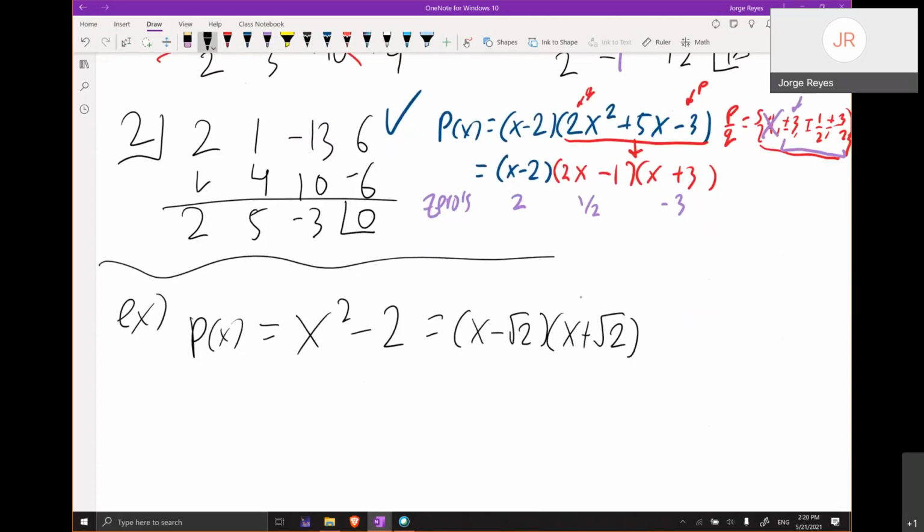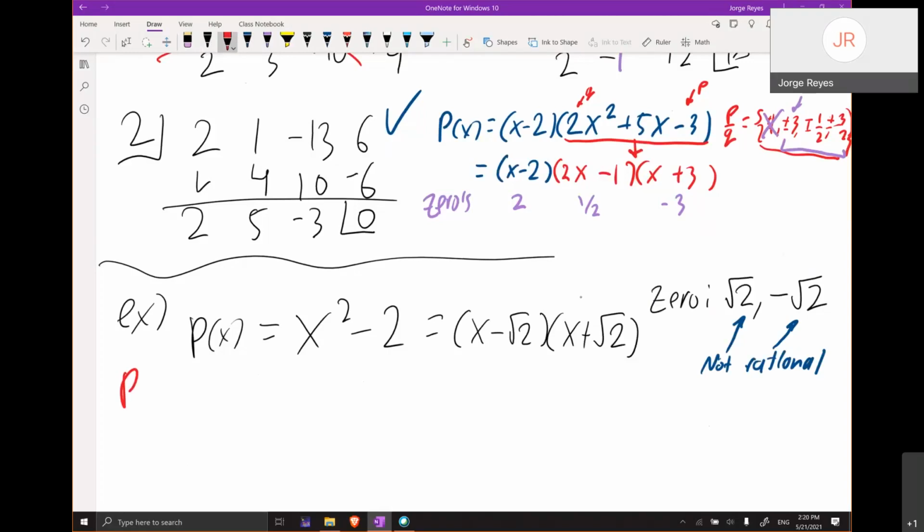right? So we know the zeros here, okay? And if you didn't know that, complete the square or quadratic formula. But we know the zeros are square root of 2 and 2. And from the very first day of class, you know that these are not rational, right? Both of these are not rational numbers. So rational roots theorem, though, doesn't tell us that, right?